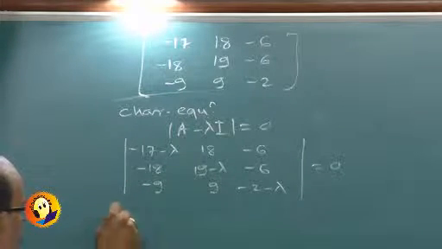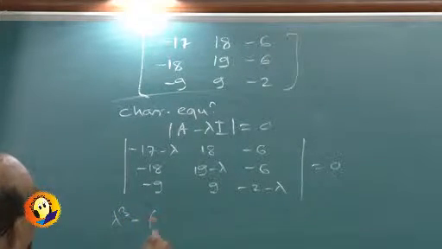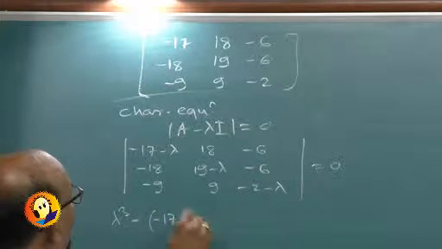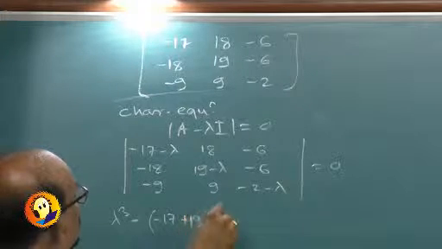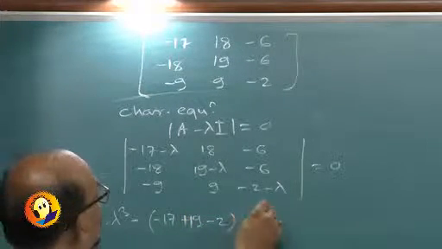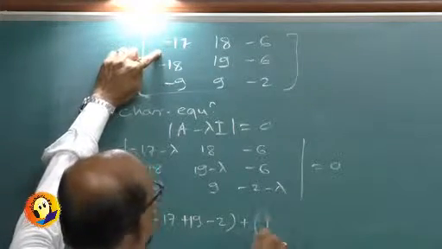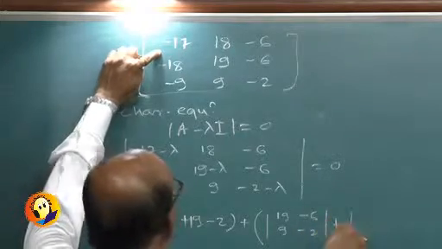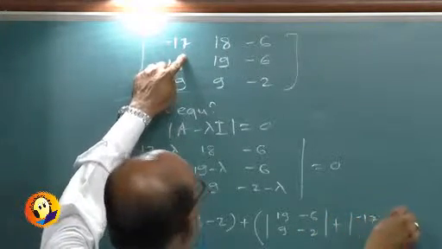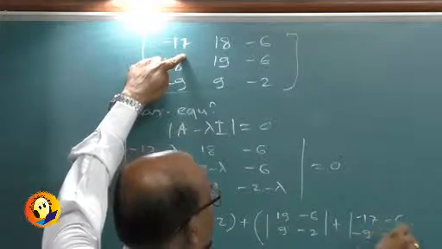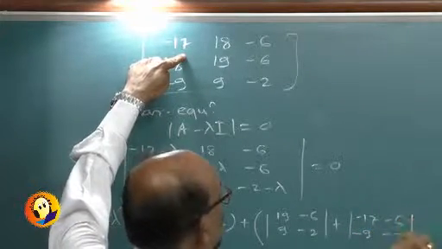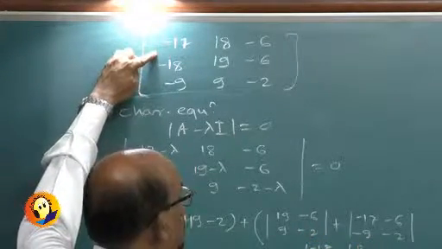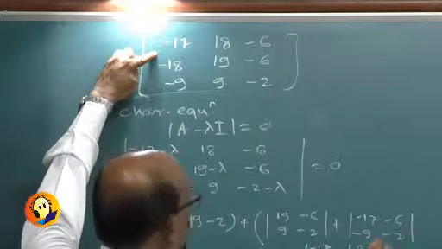So it is again lambda cube minus the sum of the diagonal elements, minus 17, 19, minus 2, plus the sum of minors: 19 minus 6, 9 minus 2, plus minus 17 minus 6, minus 9 minus 2, plus minus 17, 18, minus 18, 19.